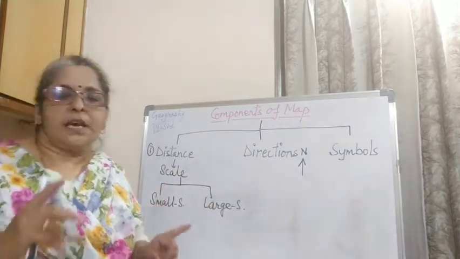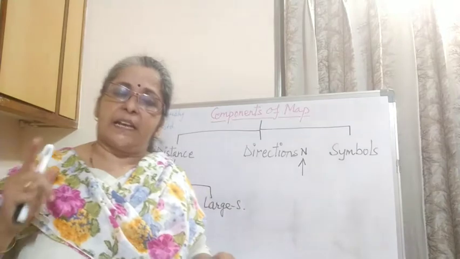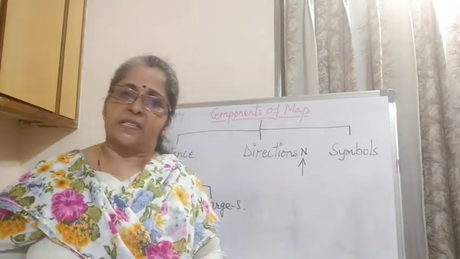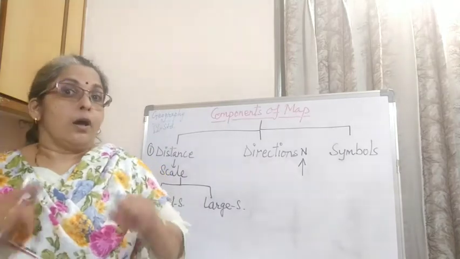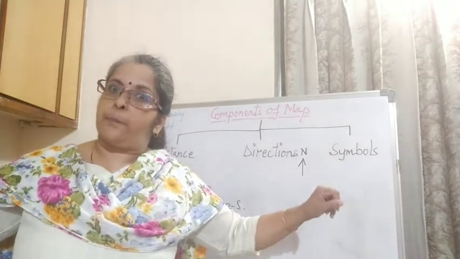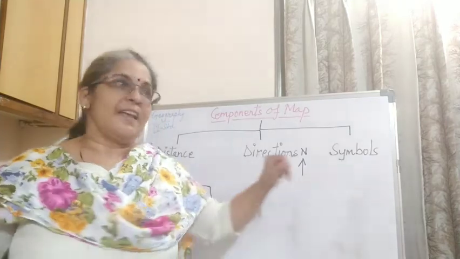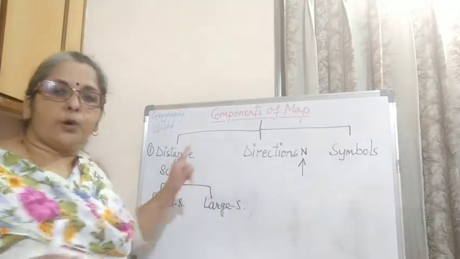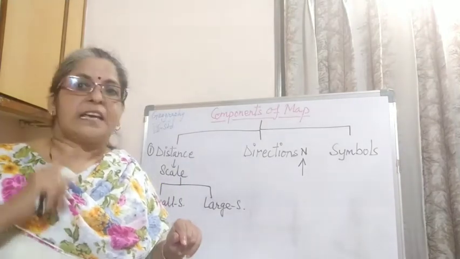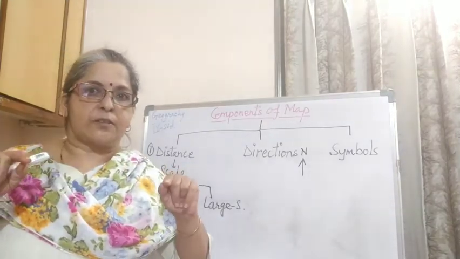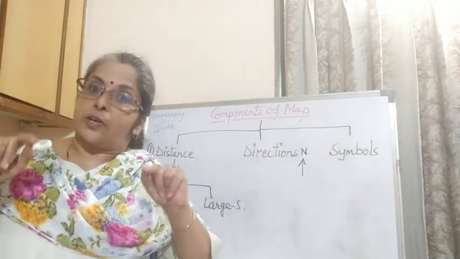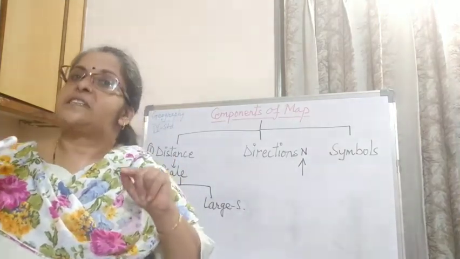Now suppose your school is 10 kilometers away from your home. Is it possible for you to draw 10 kilometers on a map or on a piece of paper? No. Then you have to use the scale. So if you say that 1 centimeter is equal to 5 kilometers, then when you draw a line of 2 centimeters, it means your school is 10 kilometers away.